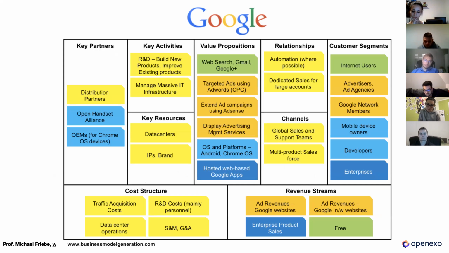The revenue stream: if you look at the green one, internet users, that's a free use. So you don't get any revenues in, but the ads will bring the revenues. And what is my cost structure is, of course, everything that has to do with IP, infrastructure, sales network, R&D cost, etc. Okay, this is the business model of Google in one page.